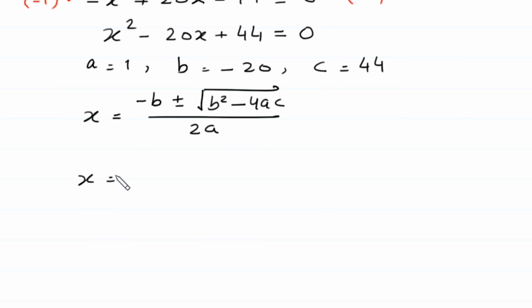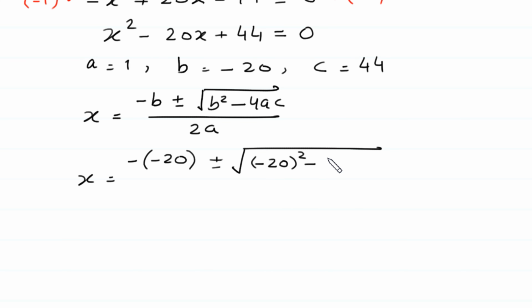x is equal to minus the value of b, negative 20, plus minus square root of the value of b, negative 20, square, minus 4 times the value of a, 1, times the value of c, 44, divided by 2 times the value of a, 1.